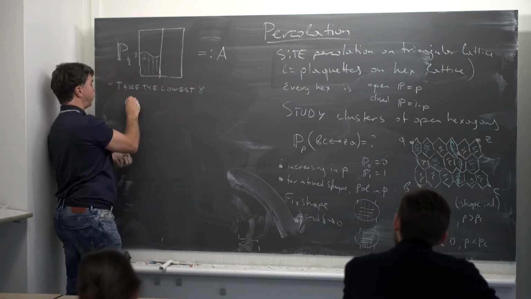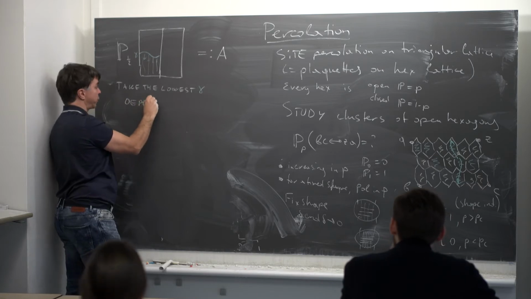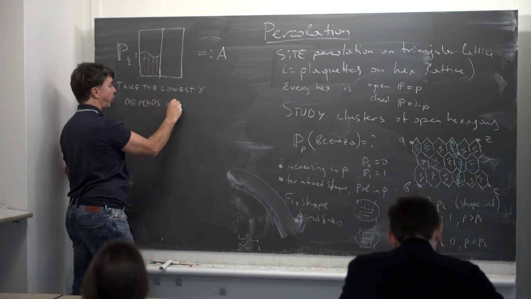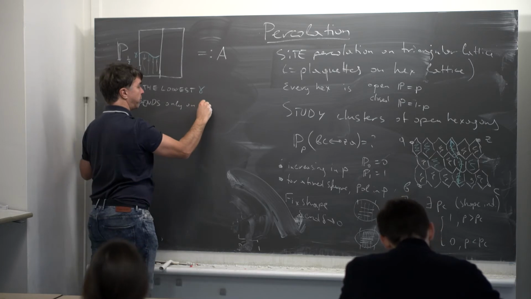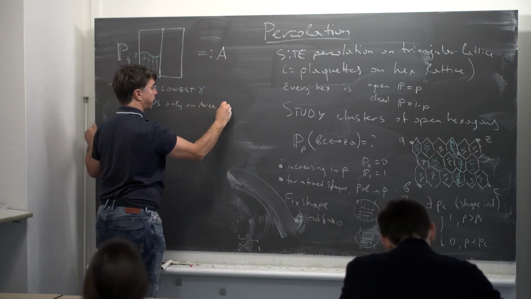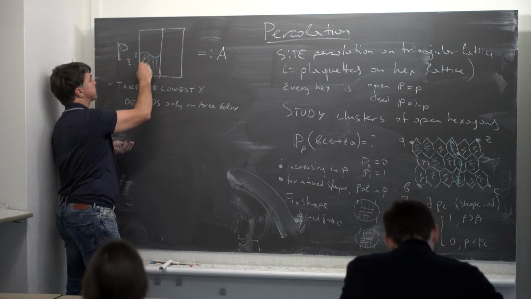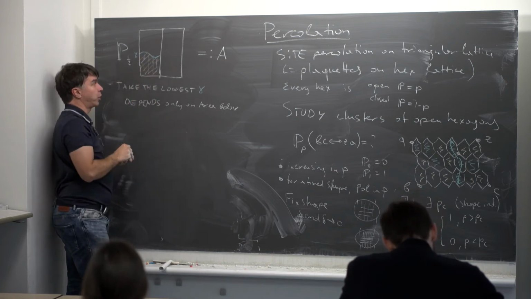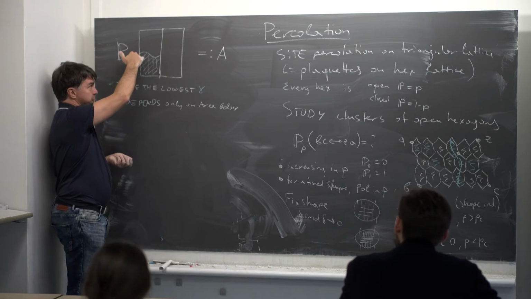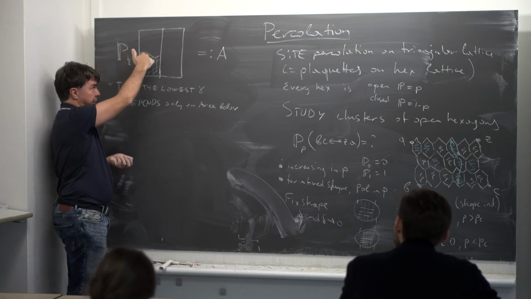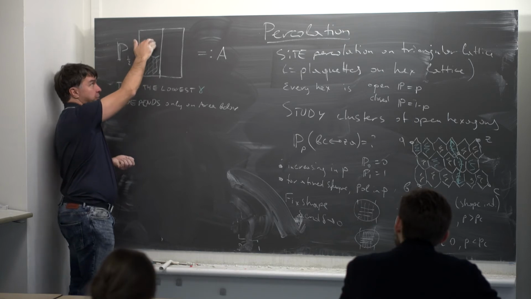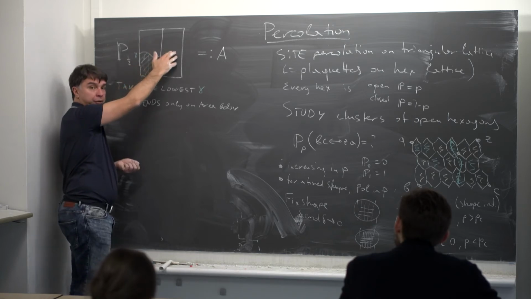So the important observation is that the lowest gamma depends only on the area below. So it only depends on this area, because if I know this crossing and I know that below there is no other crossing, if I change something above or on the right, nothing will change.